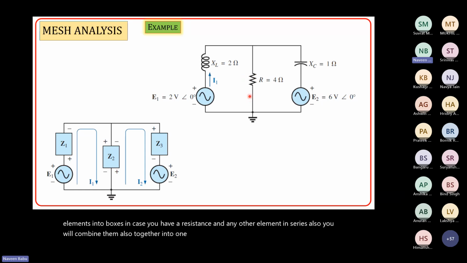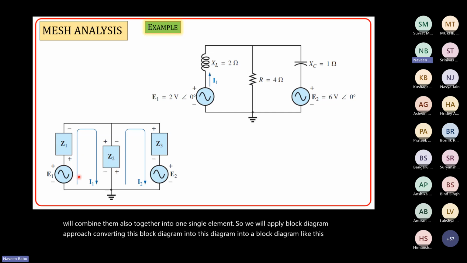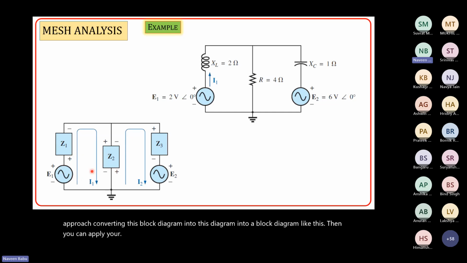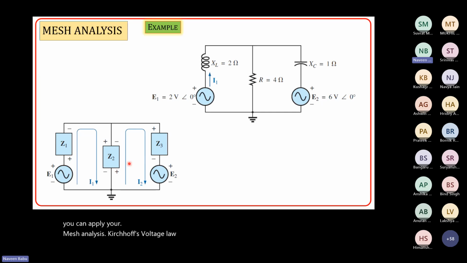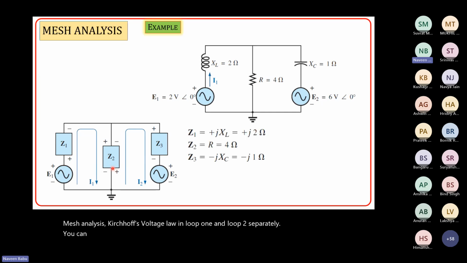So we apply the block diagram approach, converting this diagram into a block diagram like this. Then you can apply your mesh analysis, Kirchhoff's voltage law, in loop 1 and loop 2 separately. You can apply the formative approach directly also.